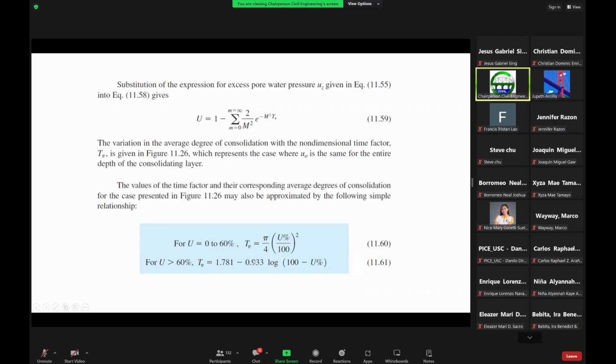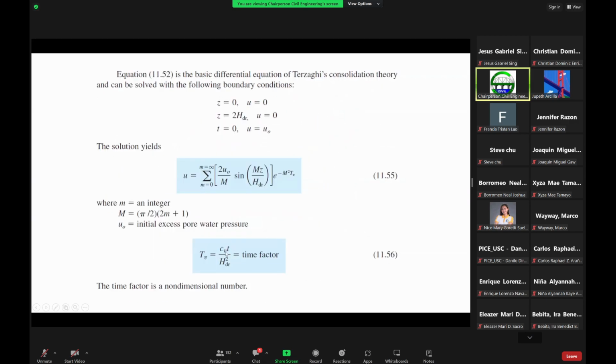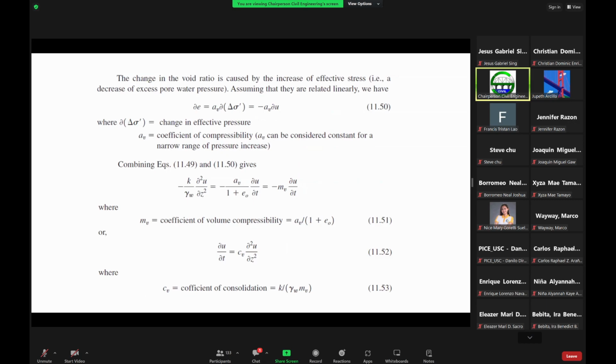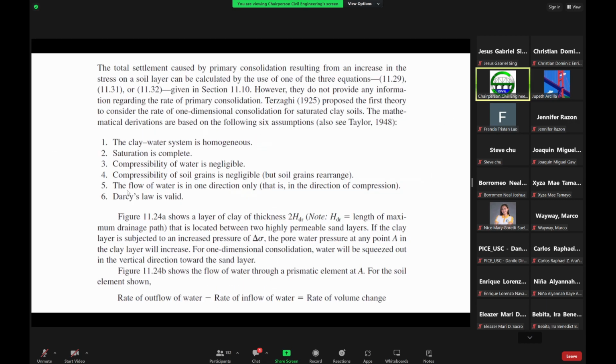After you have solved the time factor, we can solve for the time, which is the time rate of primary consolidation.